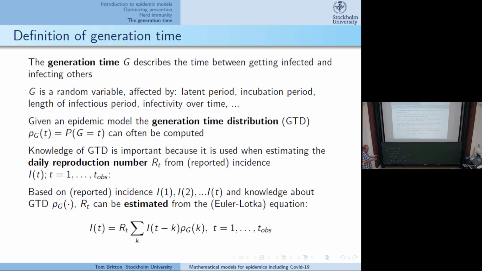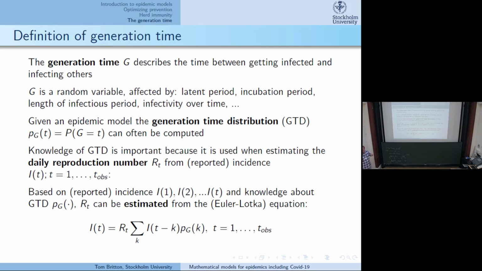There are a lot of similarities between epidemic models and branching process models. So the terminology is used, the generation time, it's giving birth, but giving birth in this application is infecting others. A lot of theory comes from branching process theory.